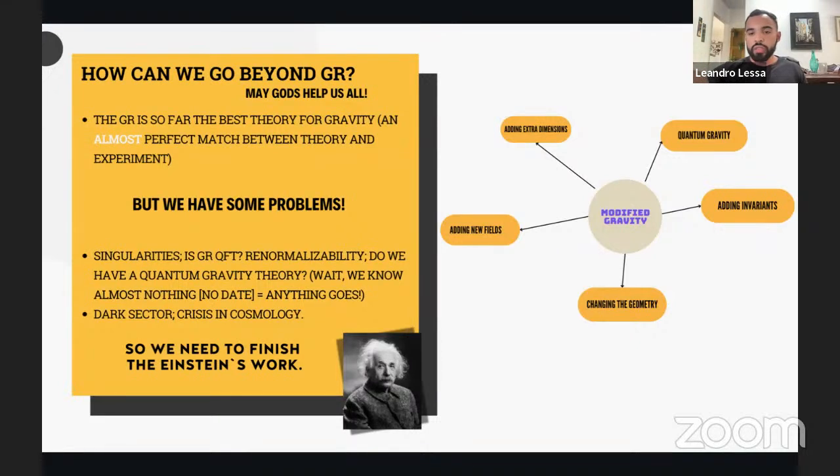And another way to modify general relativity is to try to deal with this theory's quantum behaviors. We have many possibilities: string theories, loop quantum gravity, etc. But the goal of this presentation is when you want to modify general relativity by adding new invariants beyond the Einstein-Hilbert term.